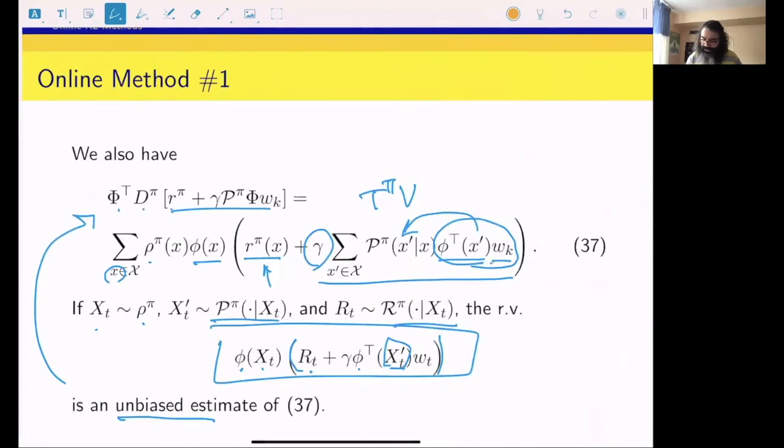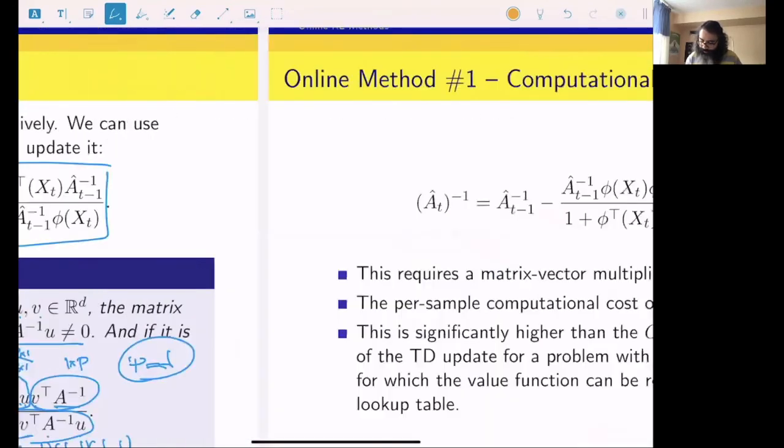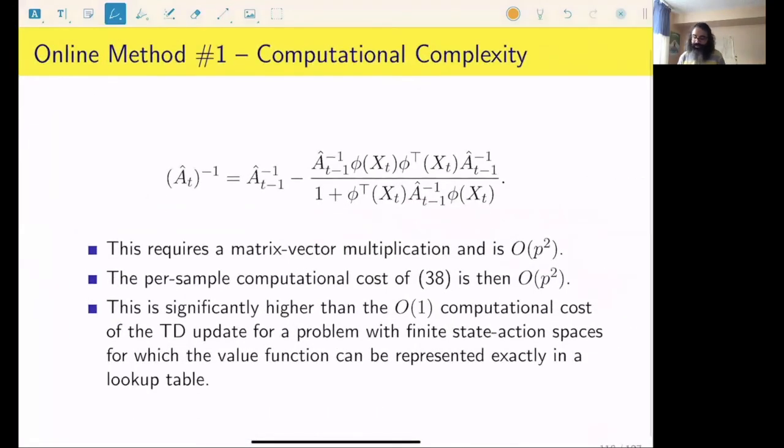Okay, so this is one method. Some comments: matrix vector multiplication is order of p squared. So the per sample computation cost of that update is p squared again.